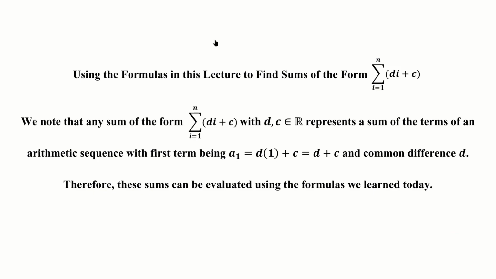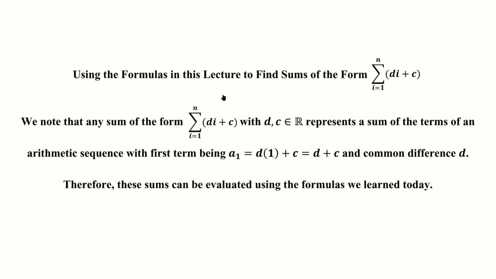Next, we want to make another connection between what we have learned in this lecture and something that we learned in the previous lecture, basically the idea of the summation. We noticed that if you have a summation and the summand, that's what we call the term that's being added repeatedly, or the sum term, but summand is the nicer term for it.